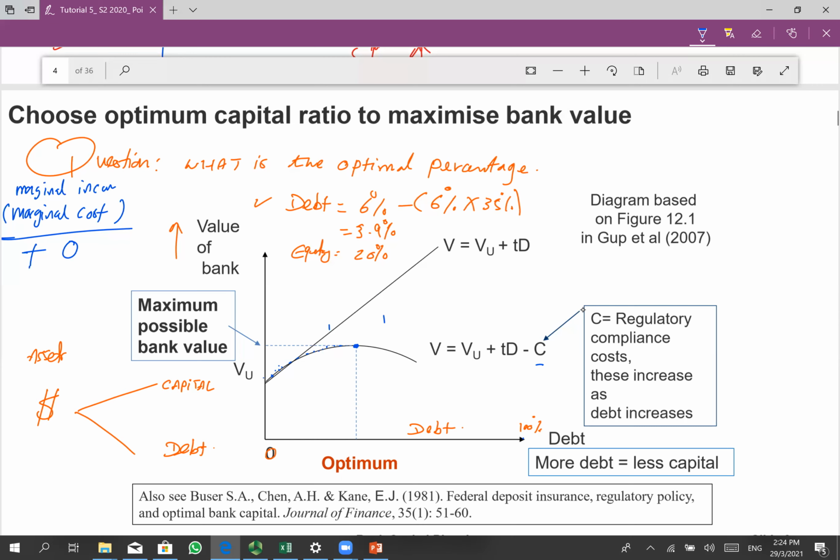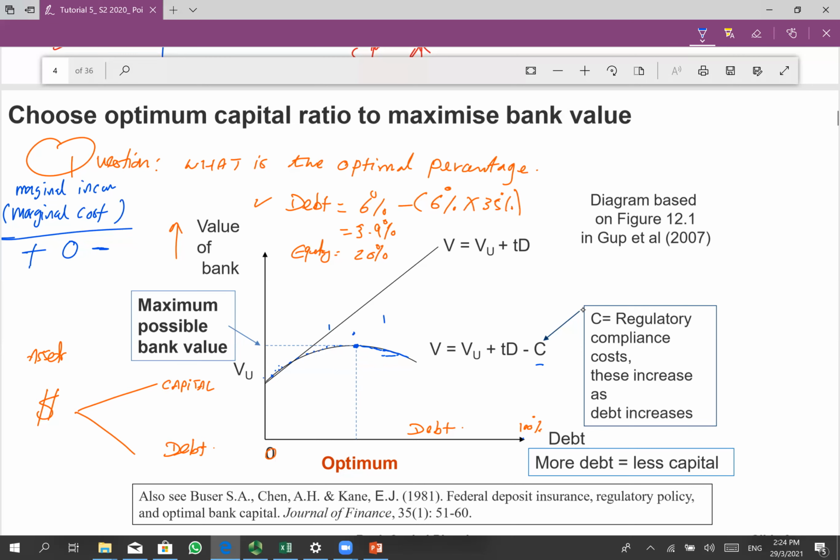If you go further and keep taking more debt, then the benefit becomes negative and you are going down. I want to stop at this point. This is my target capital.